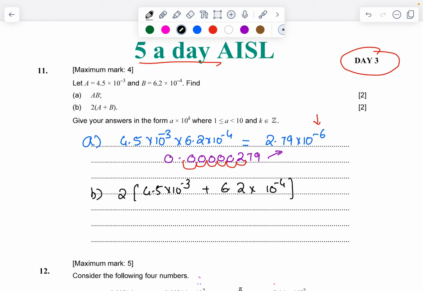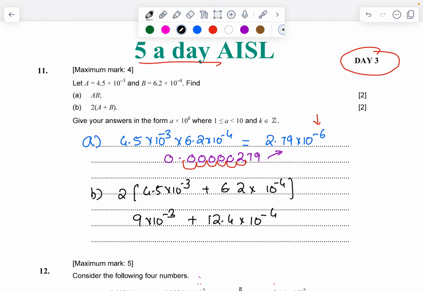So it is 9 times 10 to the power of negative 3 plus 12.4 times 10 to the power of negative 4.